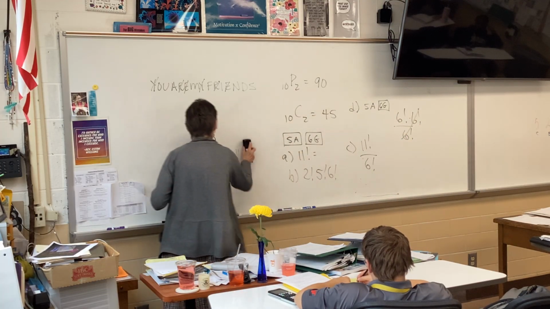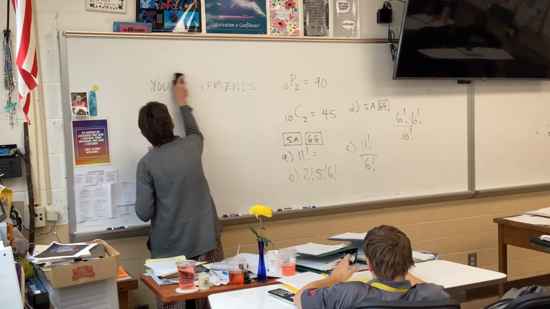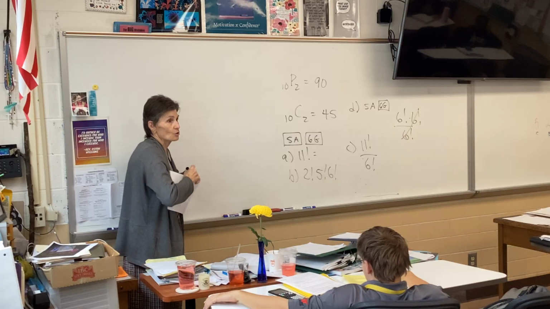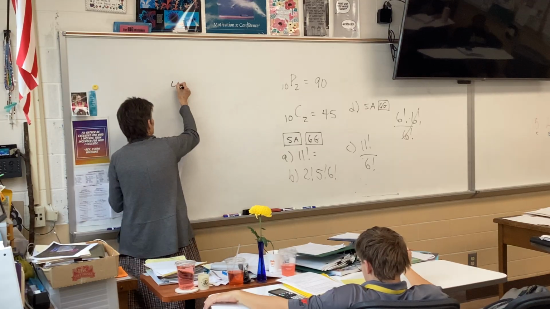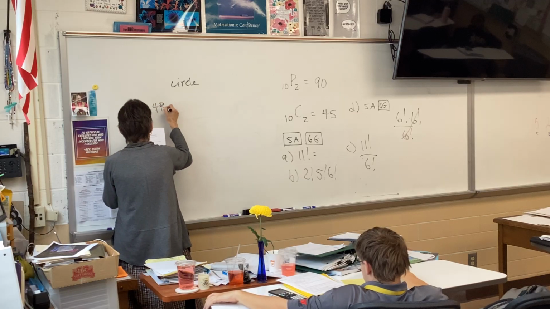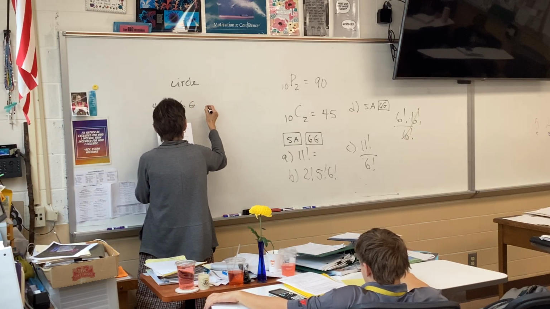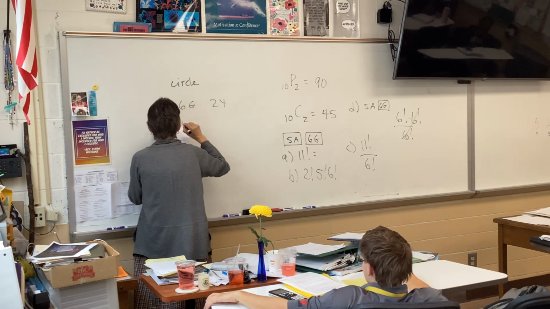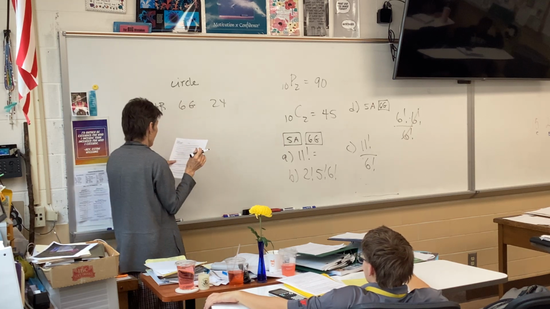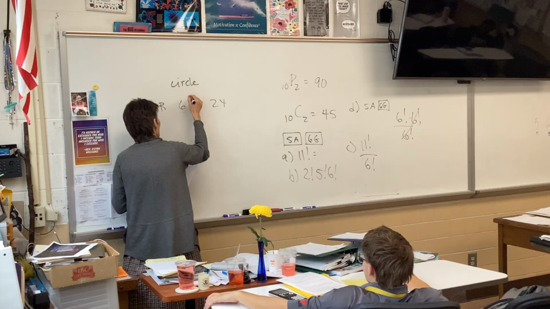I'm going to make a necklace, which means I am arranging them in a circle. All right, so that's important. What have I got? 4 red, 6 green, 2 yellow, no mention of a class, so no class. And these are all identical.